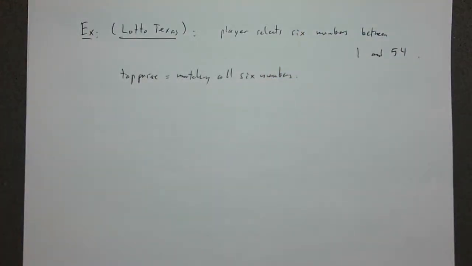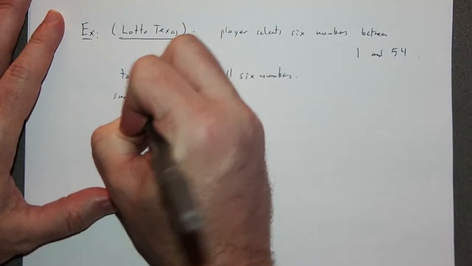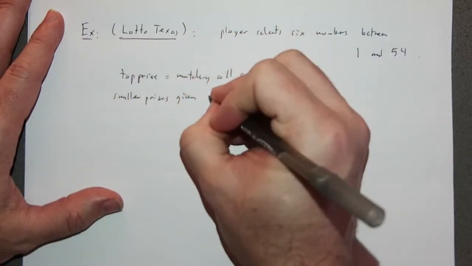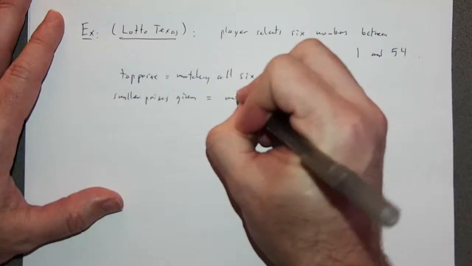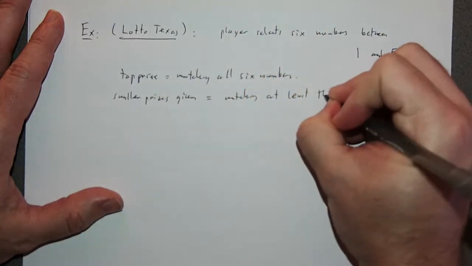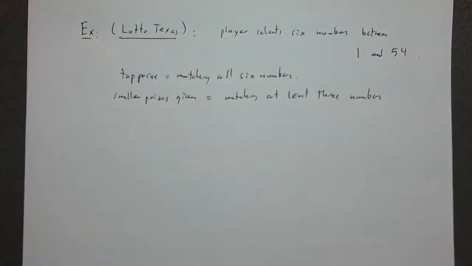Okay, but smaller prizes are given to players matching at least 3 of these numbers. So smaller prizes are given for matching at least 3 of these numbers. What do I mean by matching, what are we matching them to?